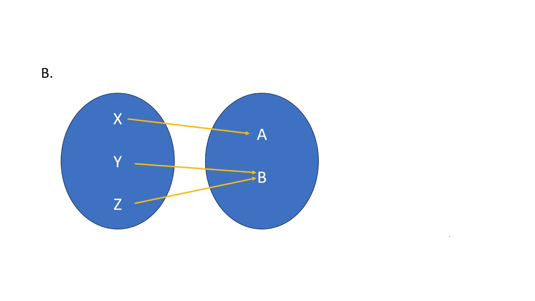Next. Okay, so let's take a look at this example. Letter B. So as you can see, we have again domain here, X, Y, Z. That's our domain, and then the range, A and B. So X corresponds to A. If we put that in ordered pairs, X, A, then Y, B, and then another one, Z, B. Take a look at this one.